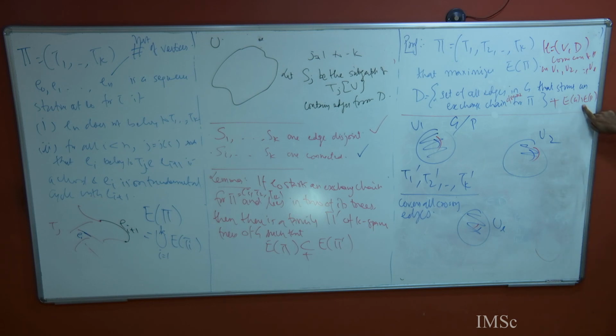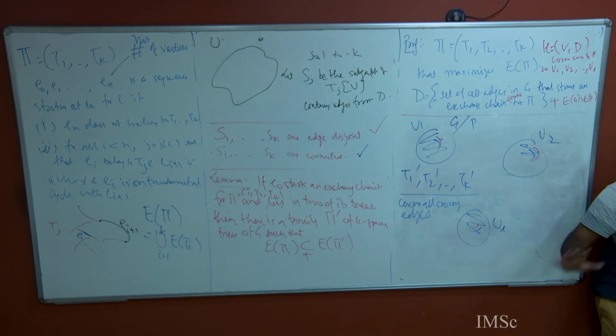Look at an edge here. By definition, if there is an edge here, they belong to the same connected component. If they belong to the same connected component, then they are either completely inside U1, or completely inside U2, or completely inside UL. They are not crossing edges. So every edge which was not present on the spanning trees, I have made non-crossing.